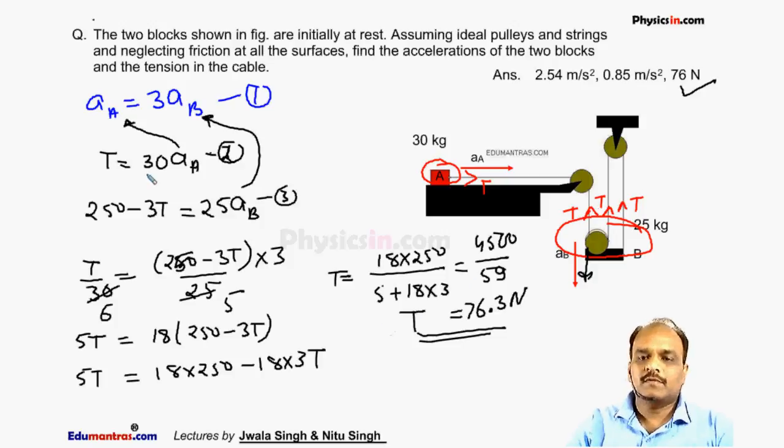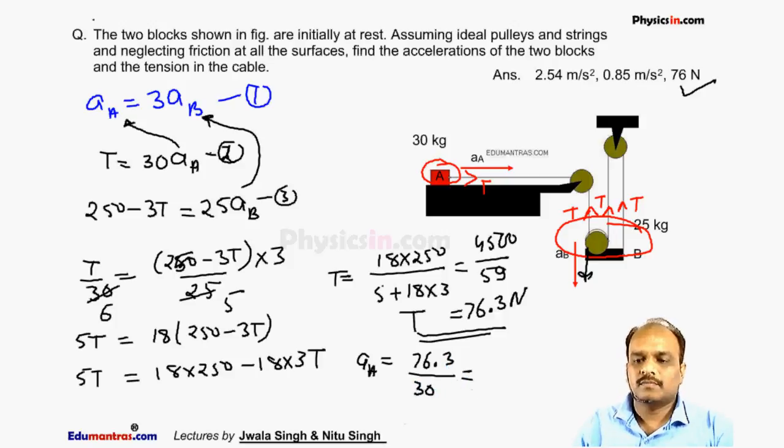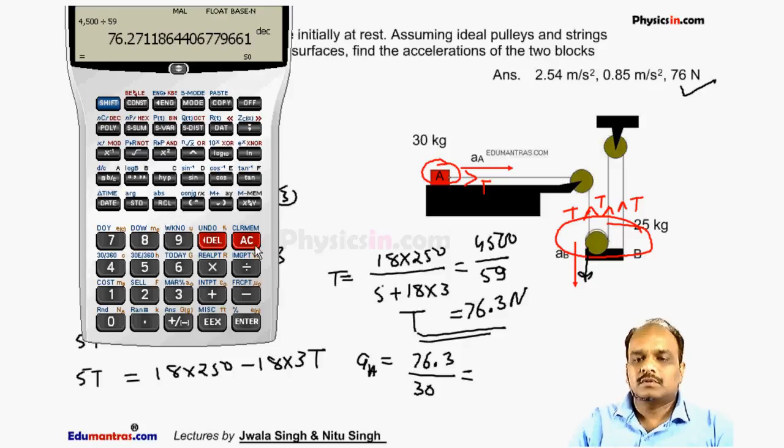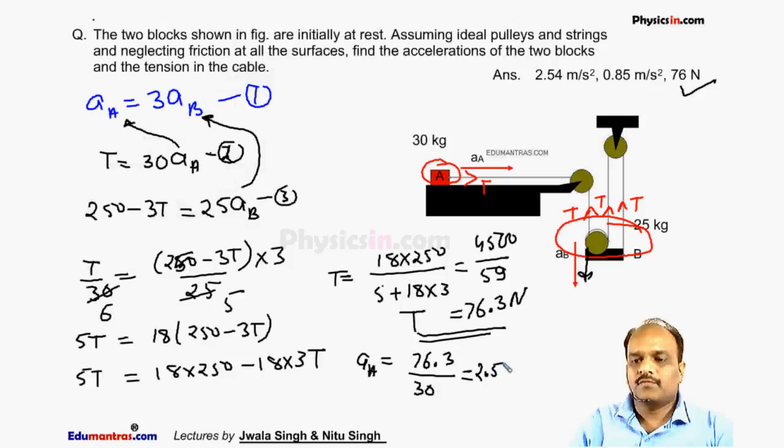If I substitute the value of T here, then I get the acceleration of A, which is T, 76.3 divided by 30, equal to 2.54 meter per second square.